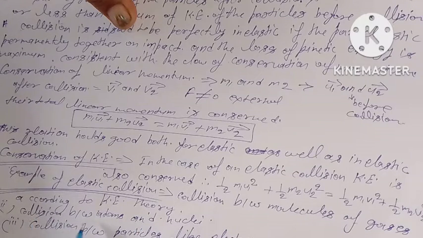Second point, collision between atoms and nuclei. Third point, collision between particles like electrons, protons, alpha particles, etc.